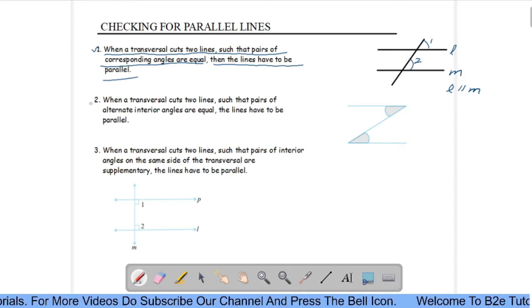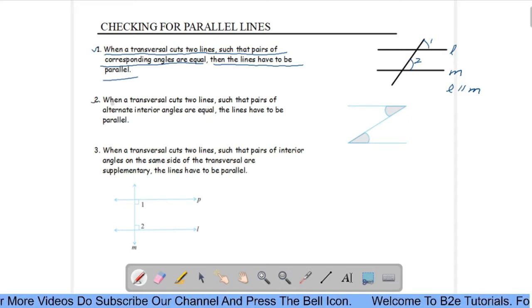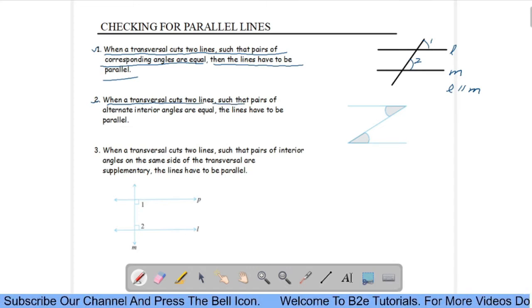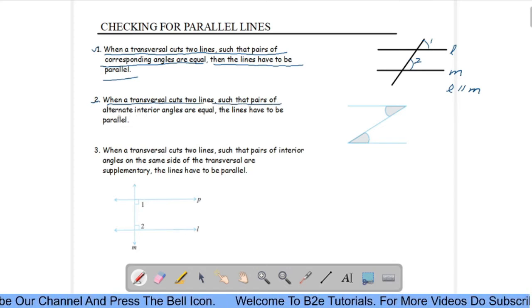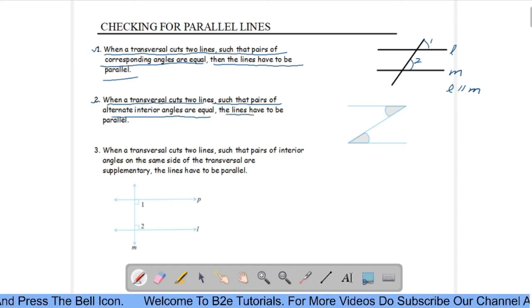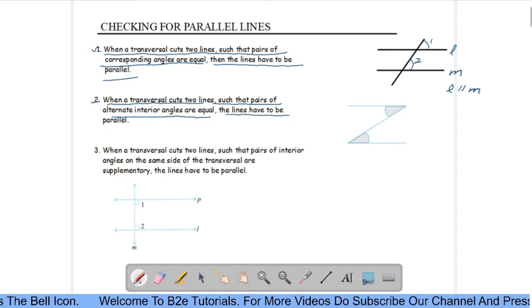Now, second part: when a transversal cuts two lines such that pairs of alternate interior angles are equal, the lines have to be parallel.